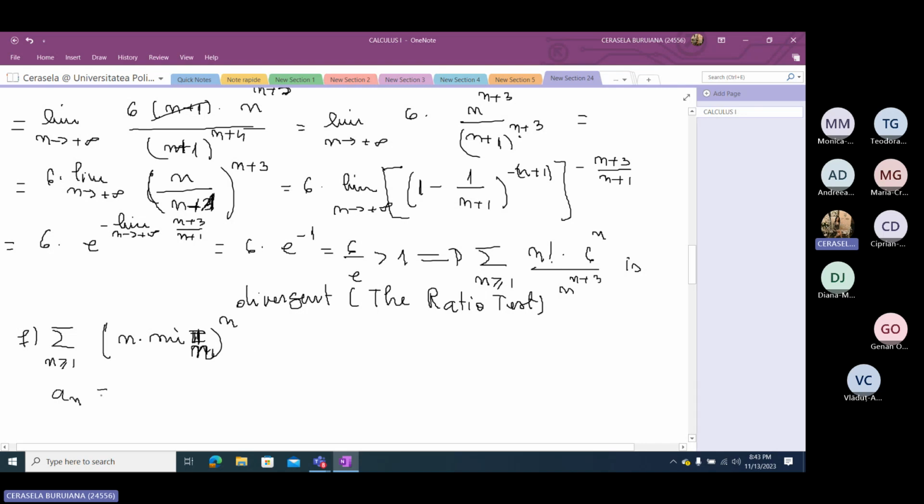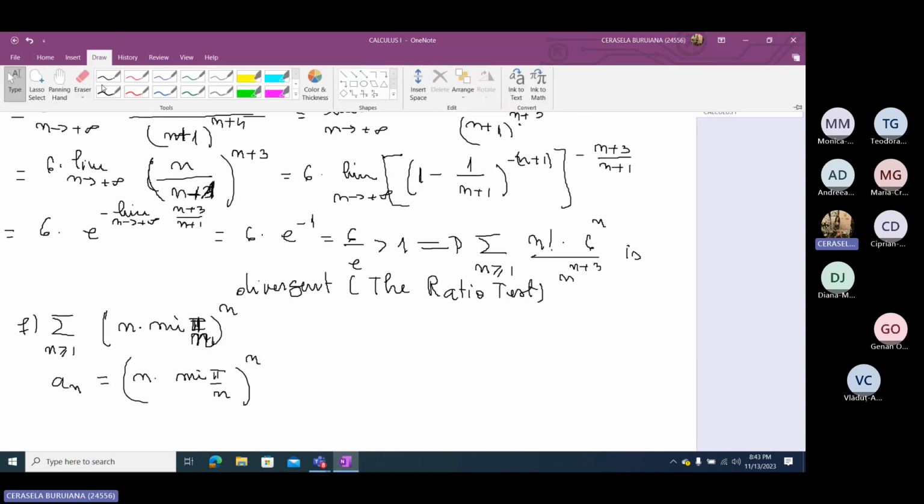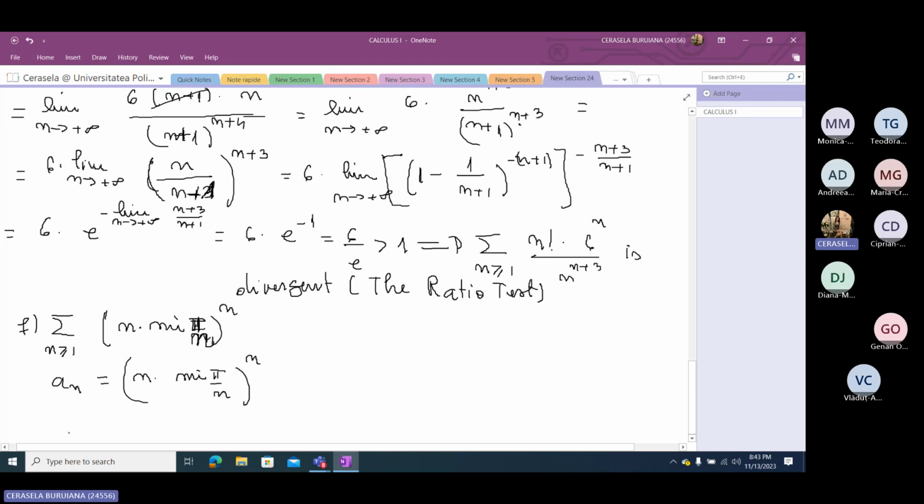So if I denote by a_n the general term of the series, n times sinus of pi over n, everything power n, remember that the root test tells us to compute the limit when n goes to infinity of the root of order n from a_n.